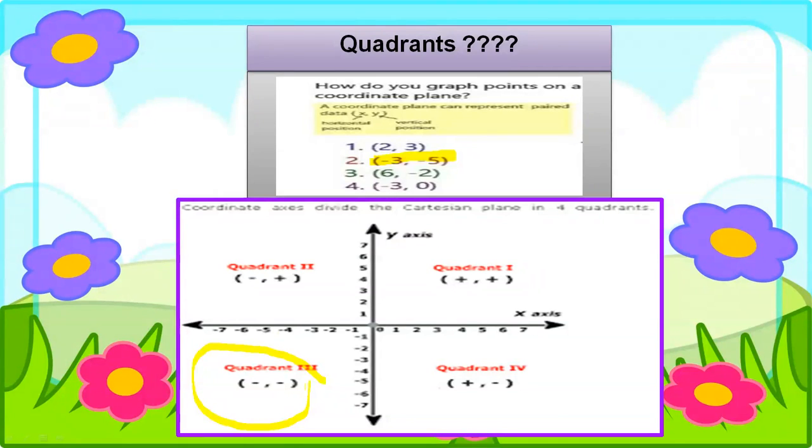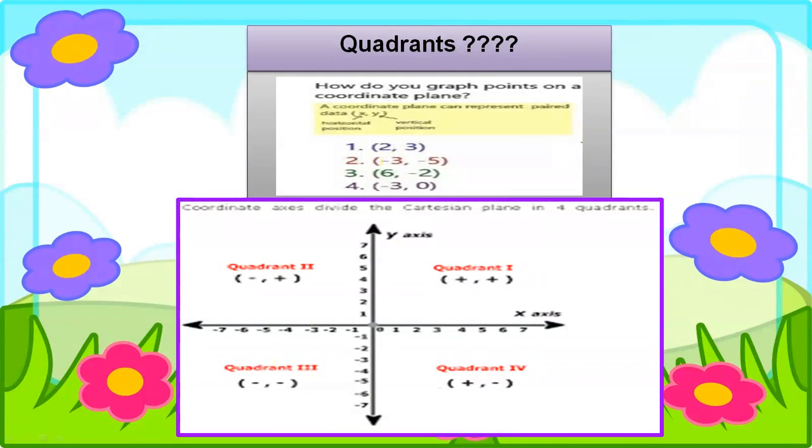This is a very big region, just like the blocks in your society. You are living in block B, just like the numbers are living in quadrant 3, but where exactly is the position of these numbers? This is called coordinate geometry.